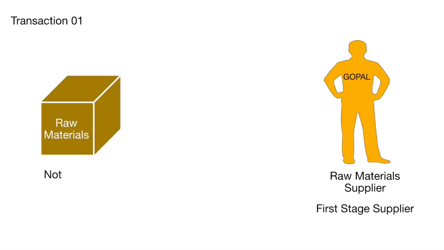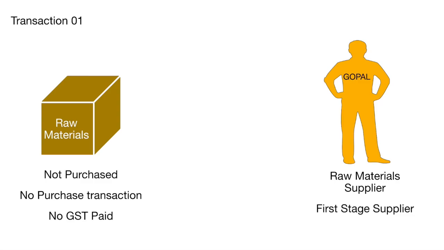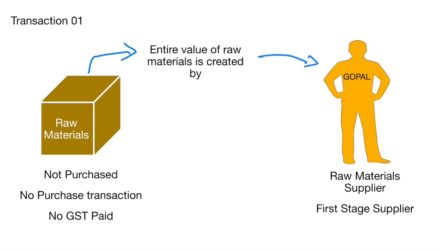Meaning, whatever raw materials he has, they are not purchased from anyone. And because he has not purchased it from anyone, he also has not paid any purchase price and so not paid any GST on purchase on them as well. Correct? Okay. Also, because of this we can say that whatever raw materials Gopal has, the entire value of those raw materials is generated by Gopal only.